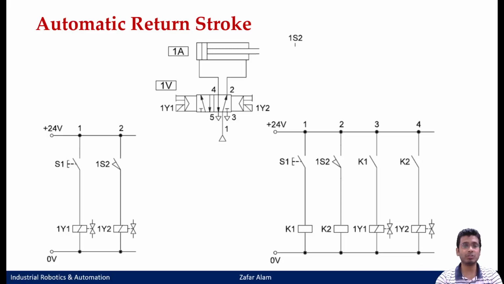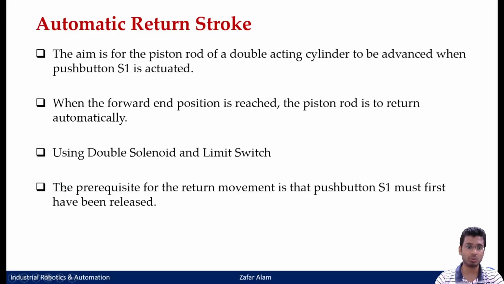So I have shown you both types of control. This is your direct control. Even in this, I have not deviated from the question. The question says I had to do this using a push button S1, a double solenoid valve, and a limit switch.